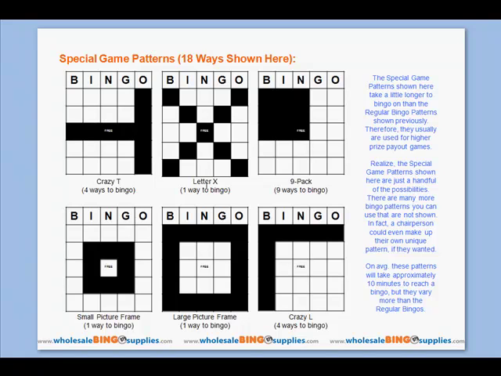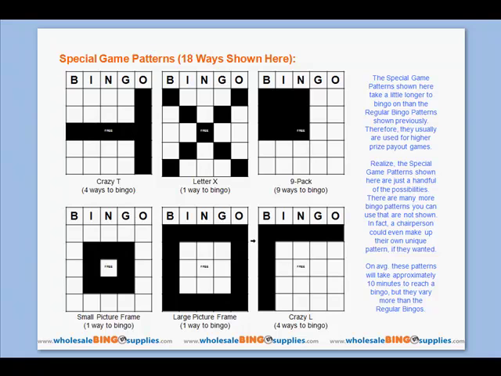So we've got a crazy T, a letter X, a 9-pack, a small picture frame, a large picture frame, and a crazy L. You'll have a regular game pattern where you pay out $25, and then you'll say, okay, now on to the next pattern, which is, in our case, a letter X. And that's going to pay a little bit more of a prize than your regular games did, say $100 or $200 or $300, depending again on your prize structure and what you've got allocated for those prizes.